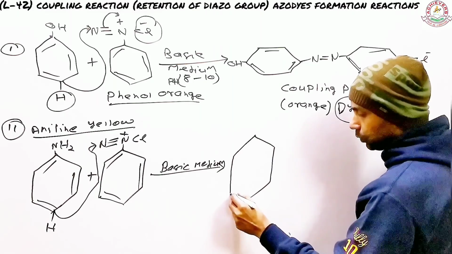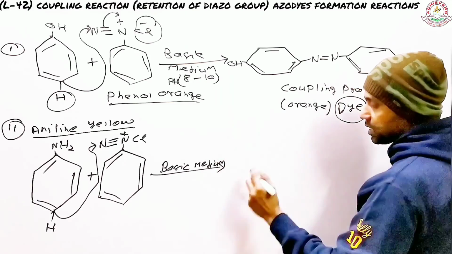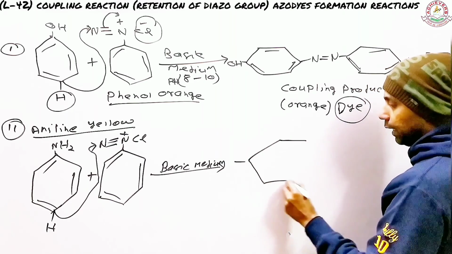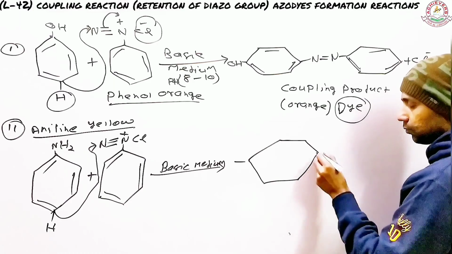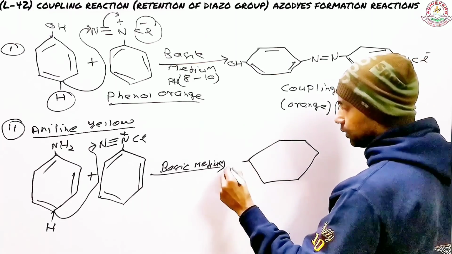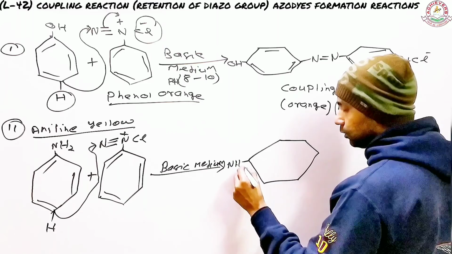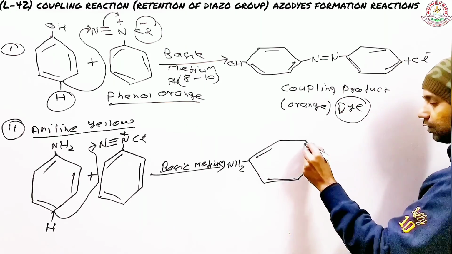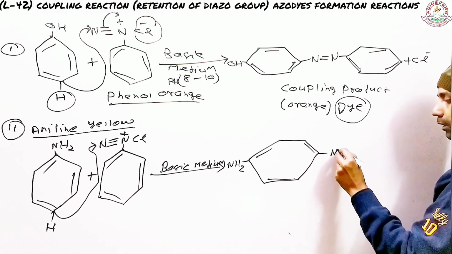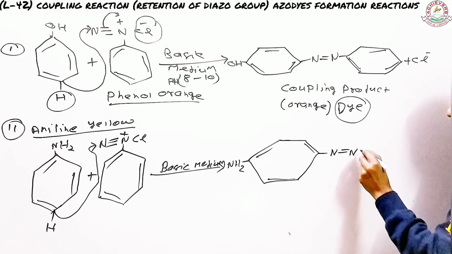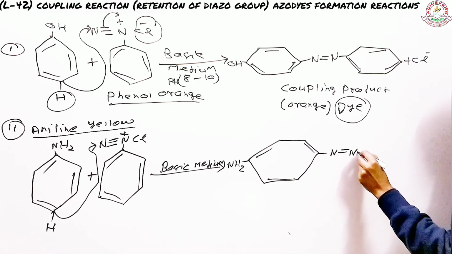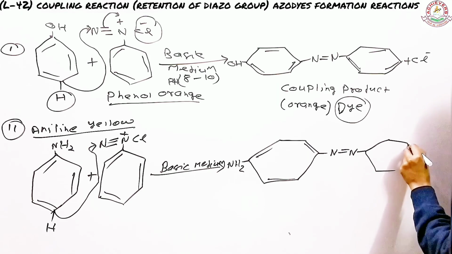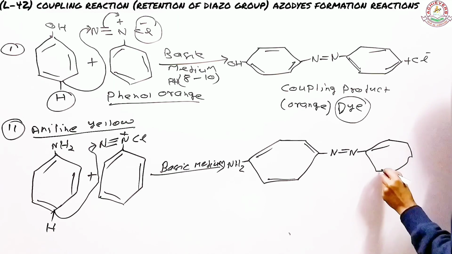Let's draw that in the previous manner. So you have your NH2, I'm placing your NH2 right here, and on the other hand you have your double bond, and then you have N. Now N-N has a double bond, and this N is connected to a benzene molecule.